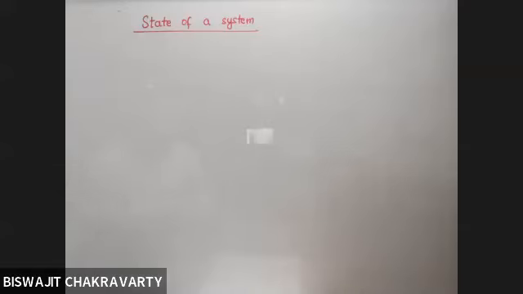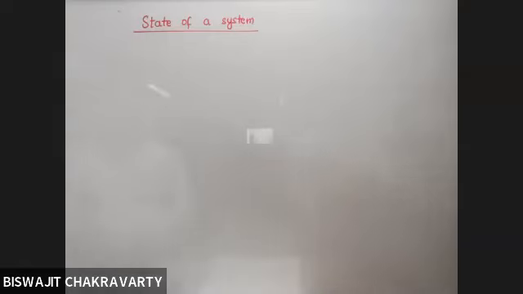Already we have discussed properties of a bulk substance, the substances in large number. If the values of macroscopic properties, whatever properties we study, do not change with time and are definite, then the system will be said to be in a definite state. So there will be no change. Pressure, volume, temperature, amount. These are called state variables.